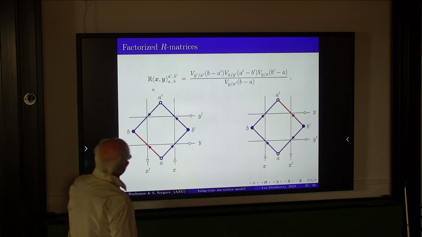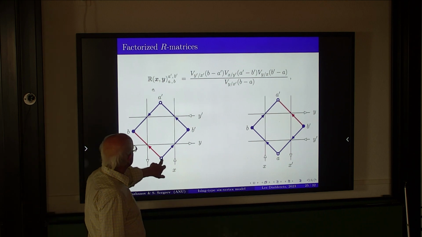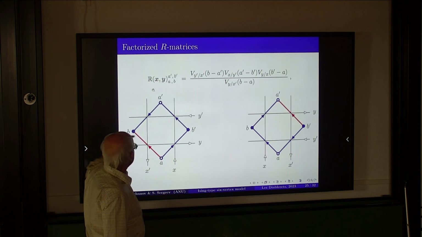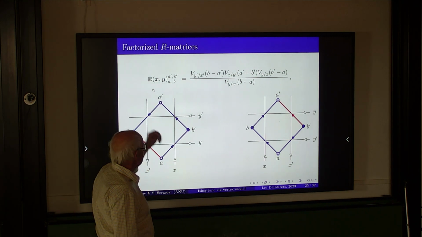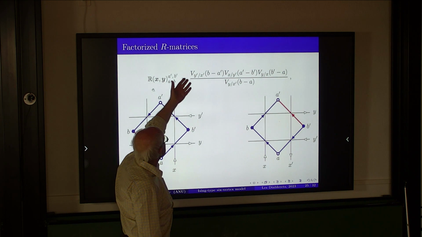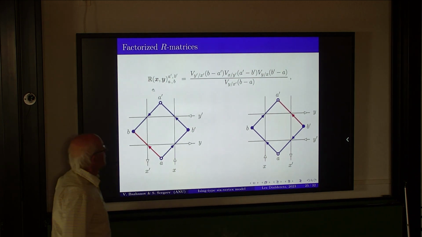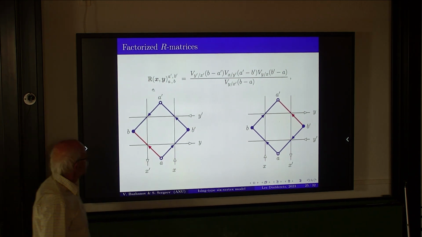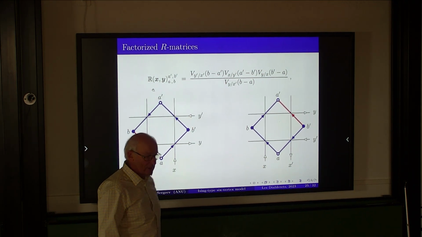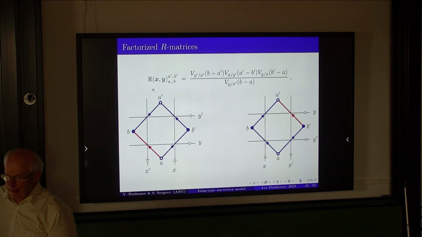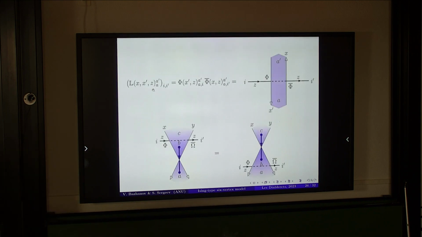So it's the R matrix, with quantum space and auxiliary space indices, and the expression is given by this simple product. Is it surprising? Probably not.